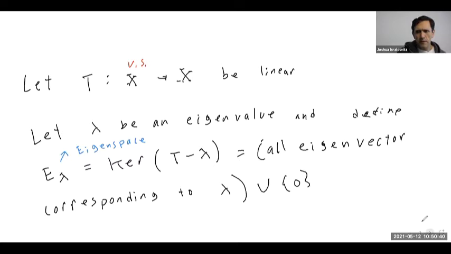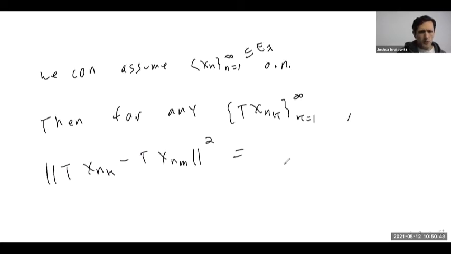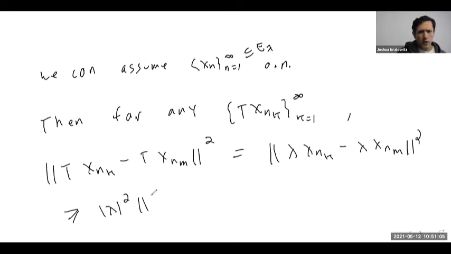All right, so this is going to be just lambda x_k minus lambda x_m squared. Well, just simply apply Pythagoras' theorem. This is going to be bigger or equal to modulus lambda squared times norm x_k squared plus modulus lambda squared times norm x_m squared.